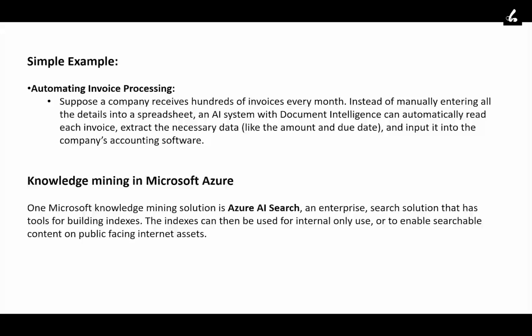With the help of AI Search, we can look for the important data from unstructured data. It's an enterprise search solution that has tools for building indexes. The indexes can then be used for internal use only, or to enable searchable content on public-facing internet assets.